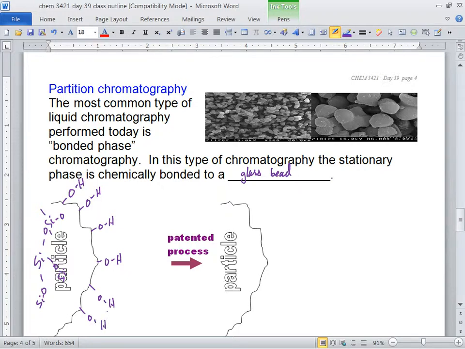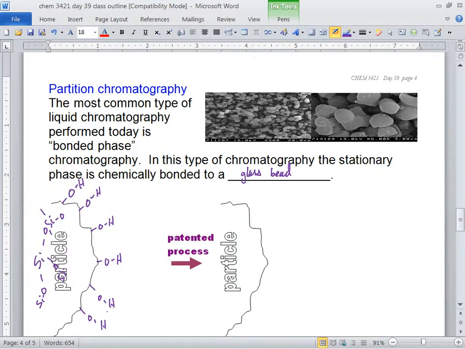Here's a hunk of glass, and it's supposed to be somewhat round, but it's zoomed up so it's not so perfectly round. Does this look like a hydrophilic or hydrophobic surface, if you remember your terminology? Hydrophilic, right? This attracts water big time. Put water on glass, it just spreads out. It doesn't do anything special.